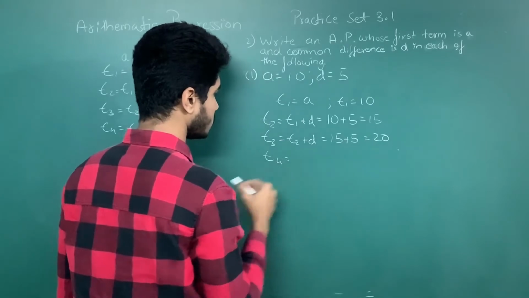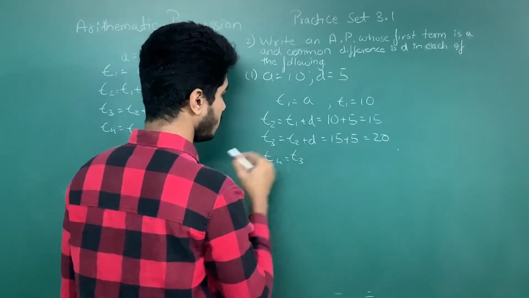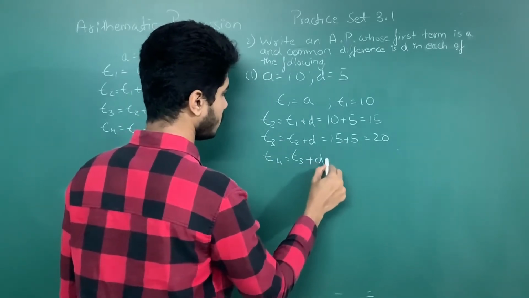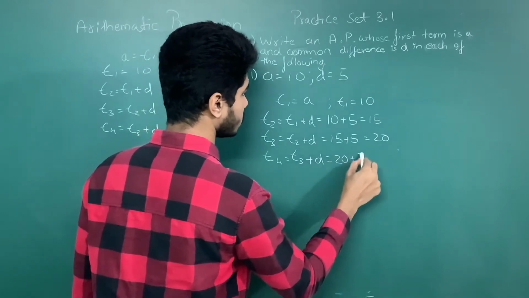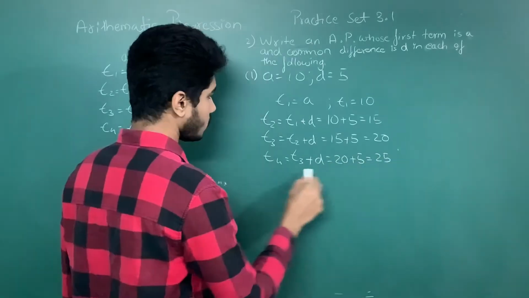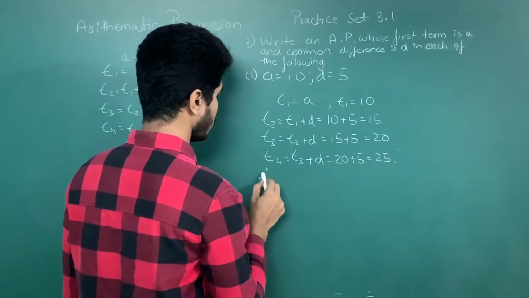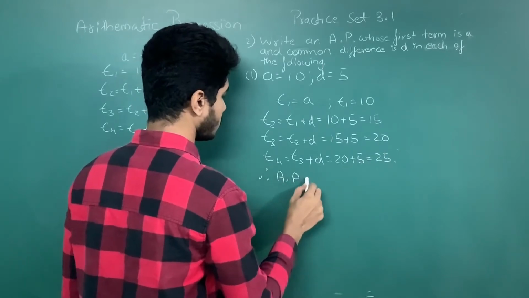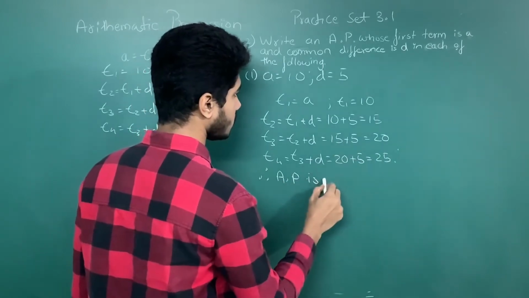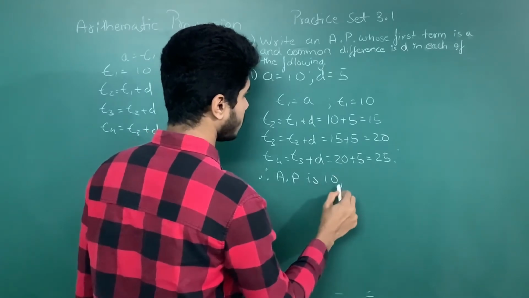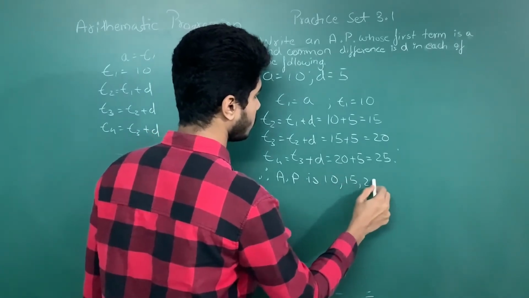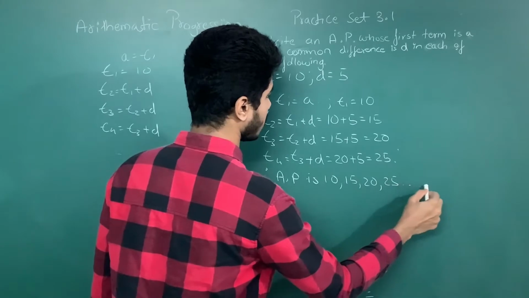And T4 is equal to T3 plus D, which is 20 plus 5 is equal to 25. So therefore, AP is 10, 15, 20, 25 and so on.